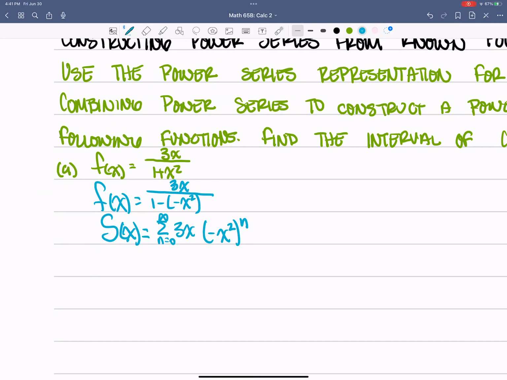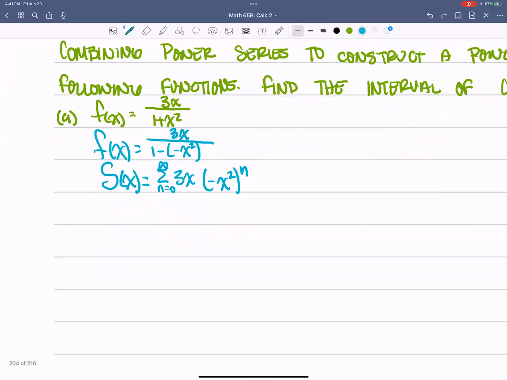And before we make it pretty, because we definitely could make it a little bit prettier, we're going to find our interval of convergence. IOC, interval of convergence. What we're looking at here is the absolute value of negative x squared. That should be less than 1.